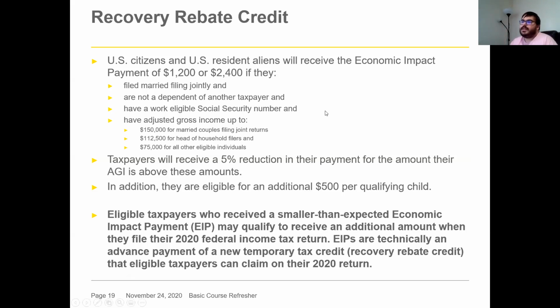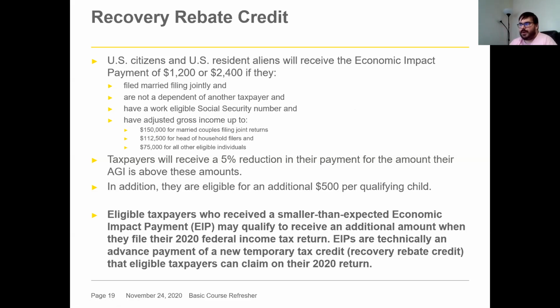Everybody that was a U.S. citizen or a resident alien with a green card got this economic impact payment of $1,200 or $2,400, depending on whether they were single or filed married filing jointly, and they were not a dependent, and all of this other stuff. Most people got their checks, and at one point it was no longer checks. I think it was debit cards or something like that. So most people already got it.